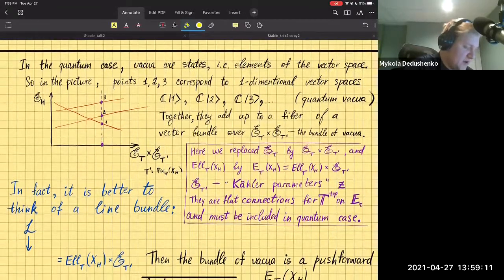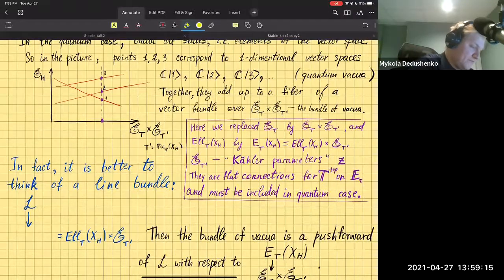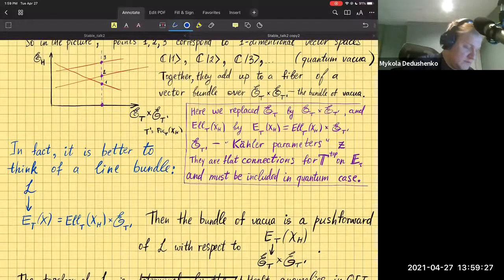But in fact, it's better to think of a line bundle on ET of x, which is LT of x times this ET prime.